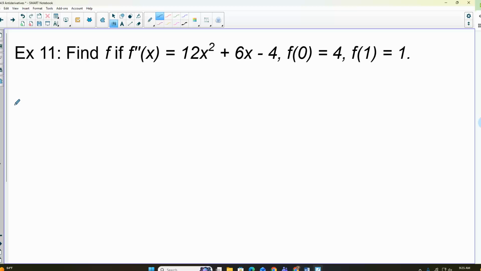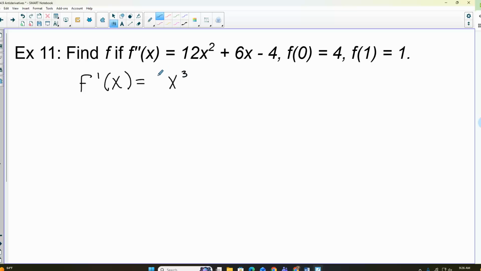All right, find f if f double prime. What does that mean? The second derivative. Okay, so if I gave you the second derivative, that means we have to do the antiderivative twice. So when I work backwards from the second derivative, that would give me the first derivative. So if I add 1, that's x cubed.